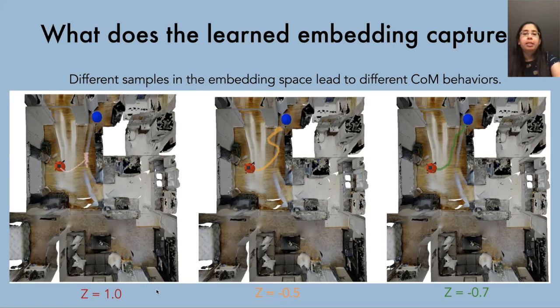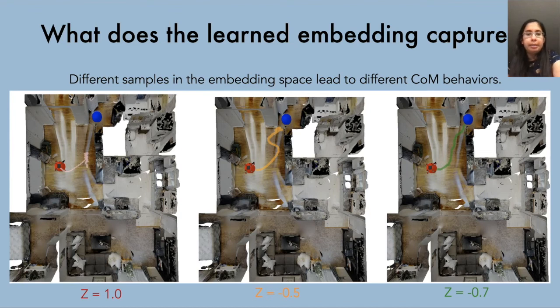Now you may ask, what does such a learned robot-specific embedding capture? What we observe is that once we have learned this robot embedding, and we keep the shared navigation policy fixed, and sample different values in this embedding, we observe different behaviors in our center of mass space. So for example, on the left is 4-legged Daisy with Z equal to 1.